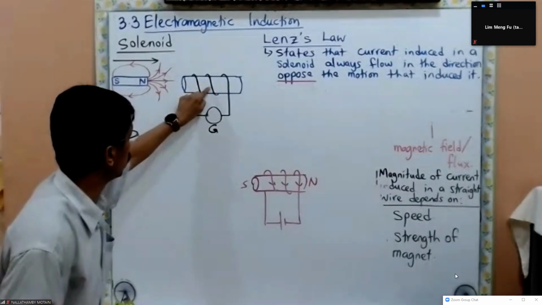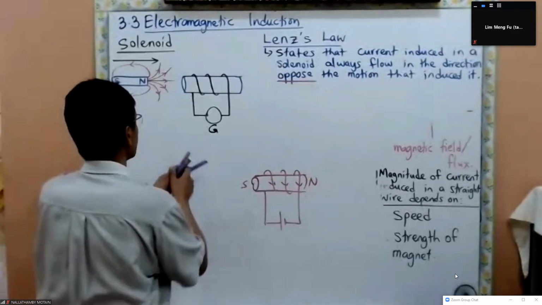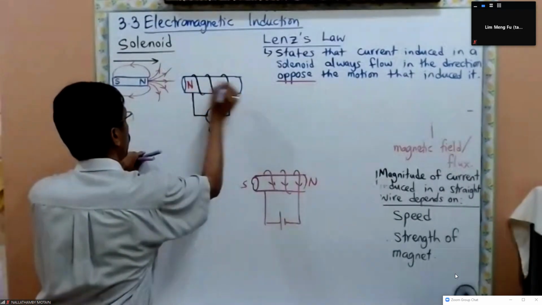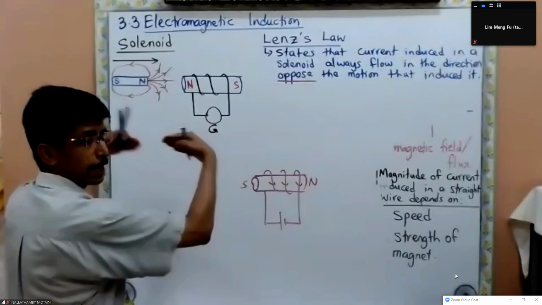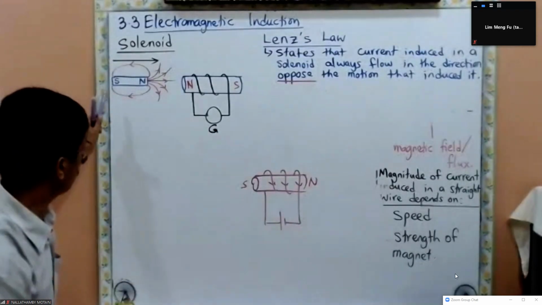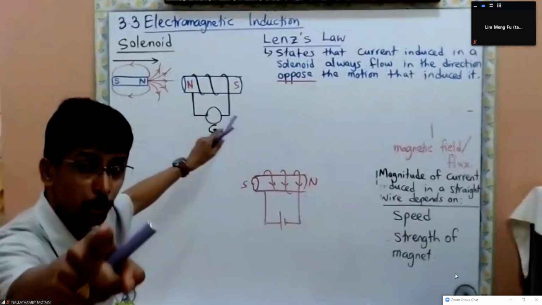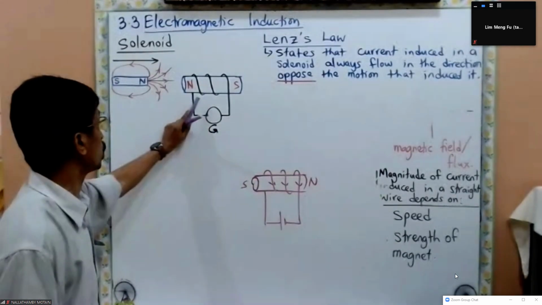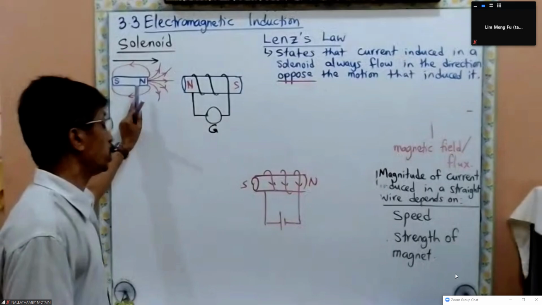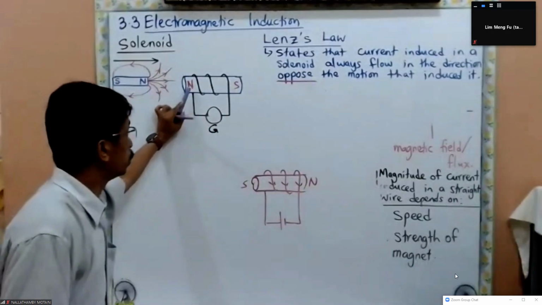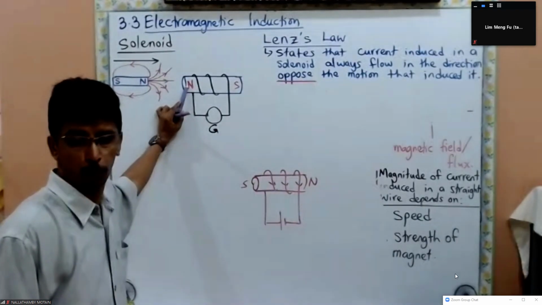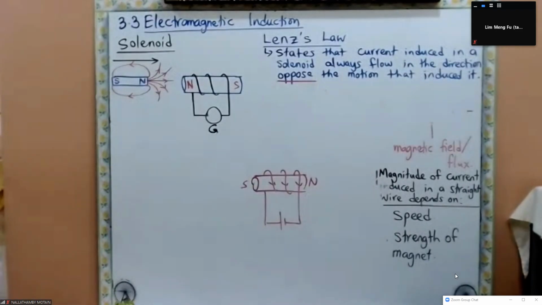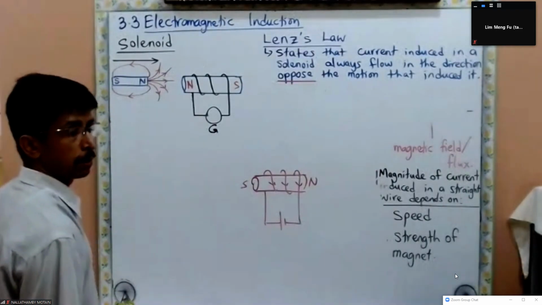Here, the current induced must produce north pole so that it can oppose the movement of the magnet in. The induced current always flows in the direction to oppose the movement of the magnet, so current induced must produce north pole over here so that it can go against or oppose.